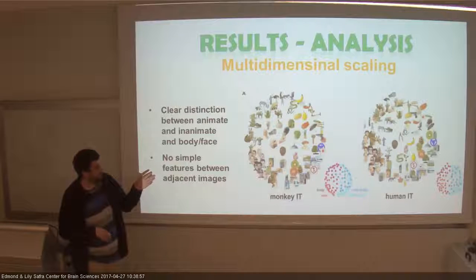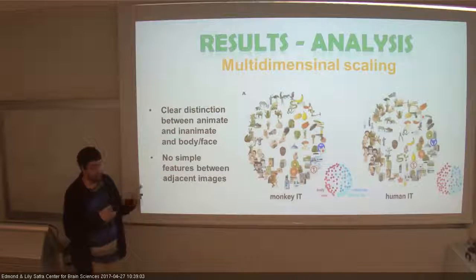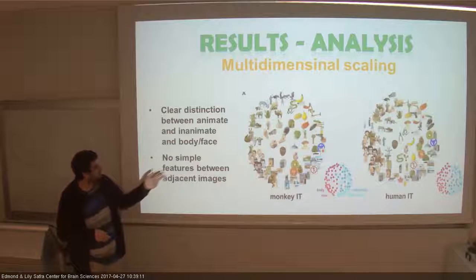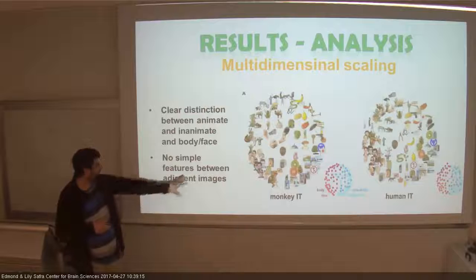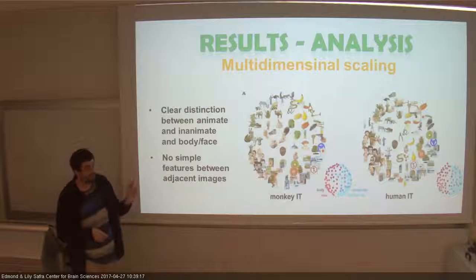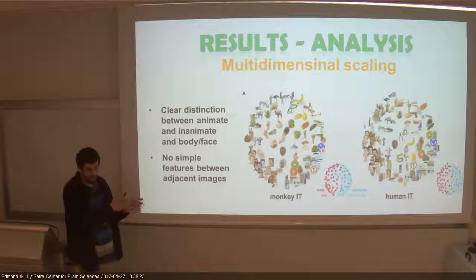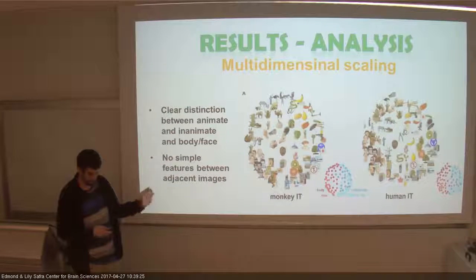Just from viewing this image, we can see that the IT does not do anything that's related directly to color or simple shape, because if you look at adjacent images here, you can't see any resemblance in color or shape, maybe in the humans. So the IT does not compute just simple shapes as V1 does. It computes actually some sort of meaning.